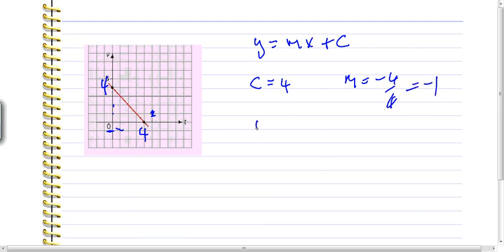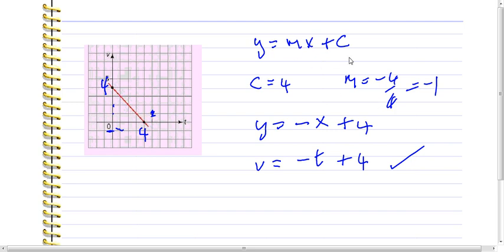So the equation is y equals minus 1x, which we just write as minus x, plus 4. In fact, it's not y and x in this case, it's v and t. So the equation should really be written as v equals minus t plus 4. So that's how we go from graph to equation. We deduce the m and the c and then just substitute them into the standard form.